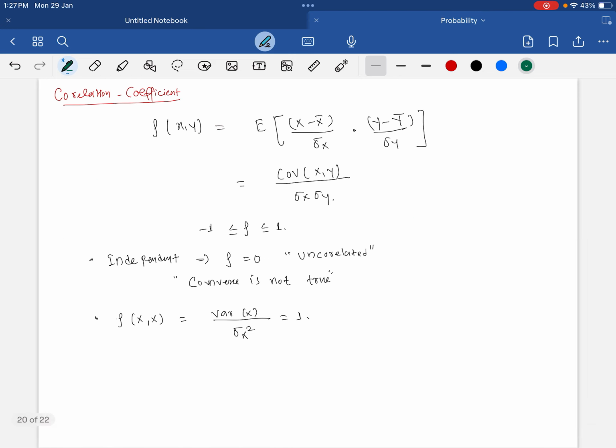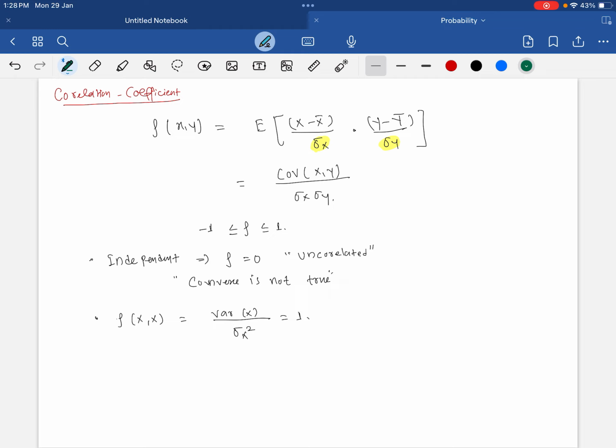Now here comes the correlation coefficient, right? What you do in the correlation coefficient is simply normalize the covariance. And how are you going to normalize the covariance? Just divide by sigma x and sigma y, which are nothing but the standard deviations, right?